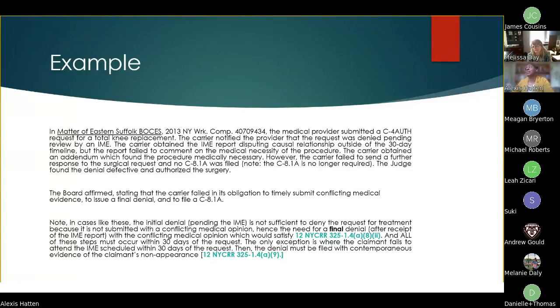It's basically a placeholder denial, right? So you need a final denial with a conflicting medical report, and that would satisfy the board rules. And all those steps must occur within 30 days of the request. So you got to move quickly on those cases. The only exception is where the claimant fails to appear for the IME.